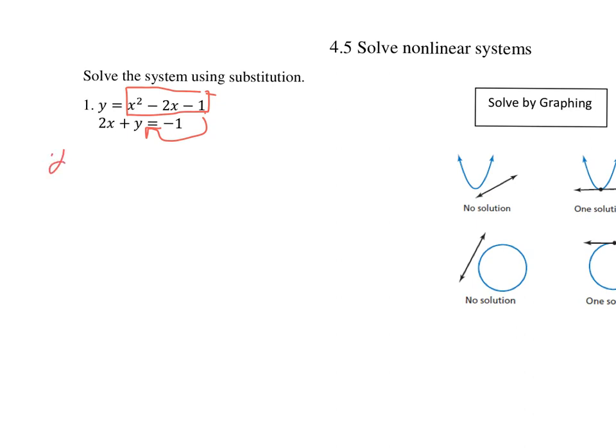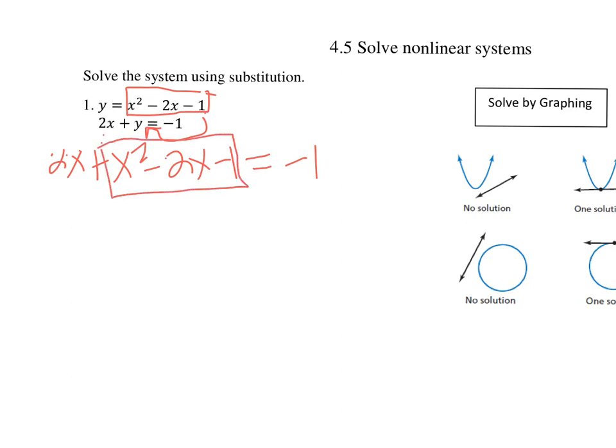So I'm going to have 2x plus x squared minus 2x minus 1 equals negative 1. So notice this piece just came from our first equation. So when I combine like terms, what I'll have left then is just x squared minus 1 equals negative 1, okay? So I need to solve that.